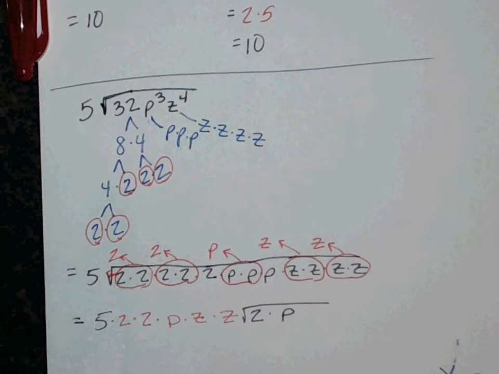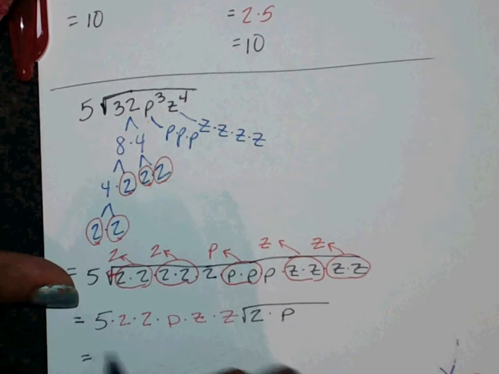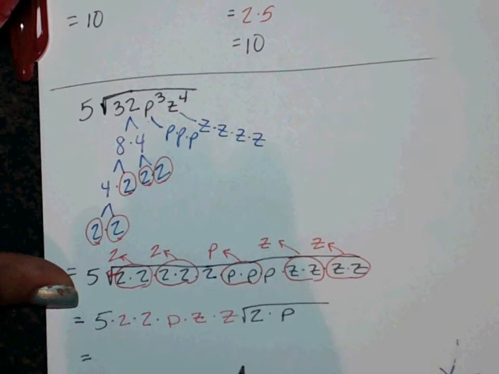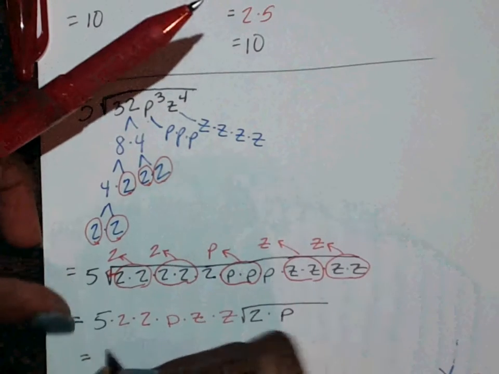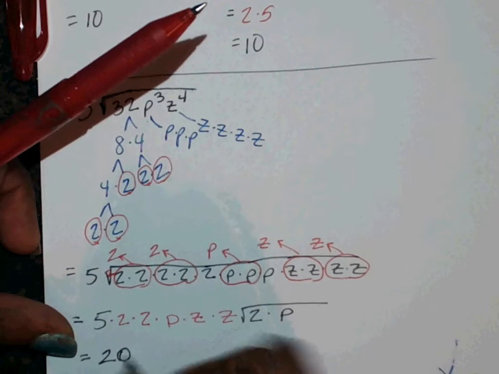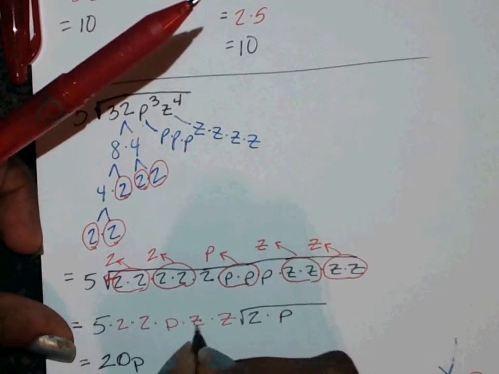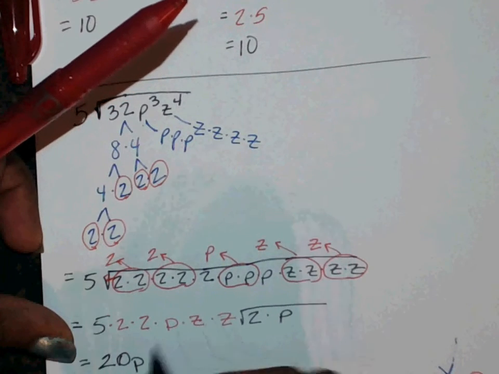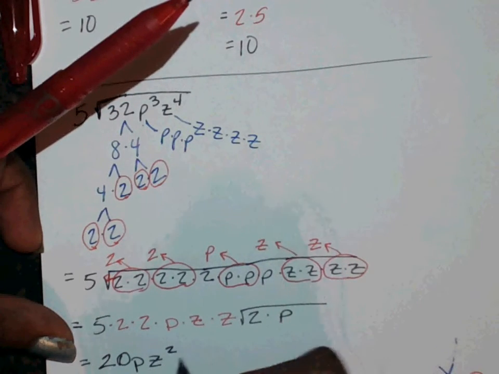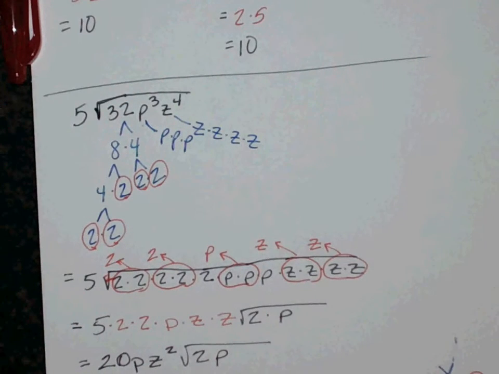So my final answer is 5 times 2 times 2. 5 times 2 is 10. 10 times another 2, 20. I have a P. 2 Z's, so a Z times Z is Z squared. And then what was left? 2P. And that is my answer.